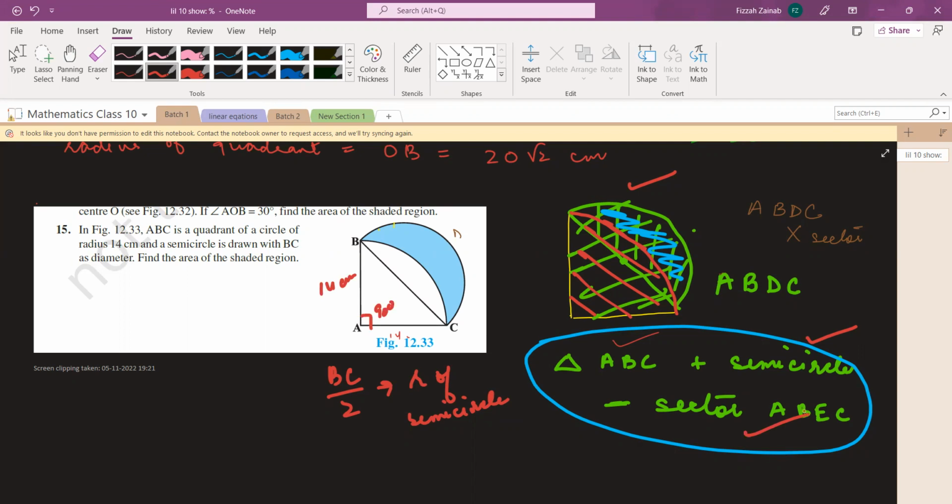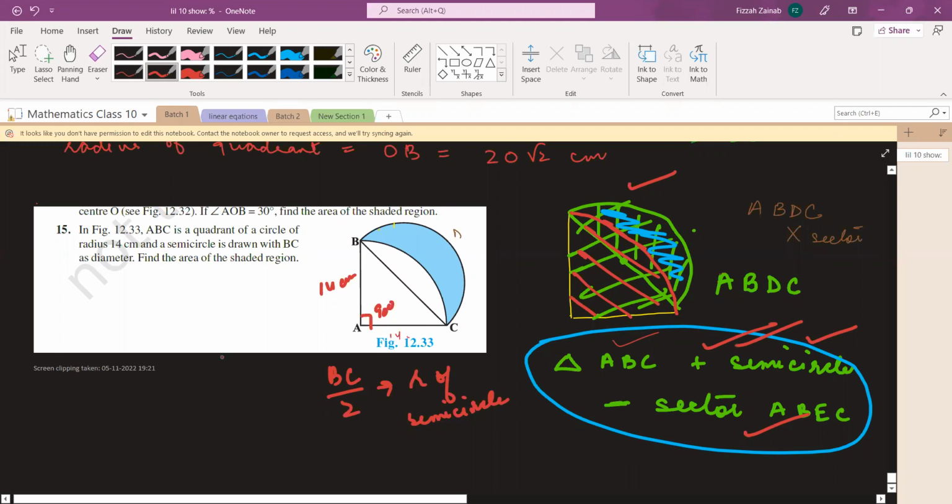So can you complete it? I'll try. No, don't try. It's very easy, Martin. Just note this blue bubble I have drawn. You have to find the area of triangle ABC, that you know, half base into height. Then you need the area of the semicircle.